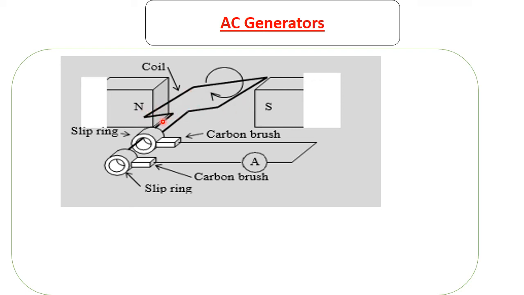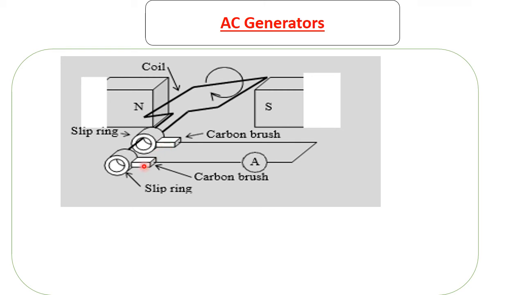Okay, so this coil is connected to some circuit. So this coil will come here and it's coming here. So this coil is connected to this circuit here. Okay, so the connection between the coil and the circuit is made of these parts which are called carbon brushes.